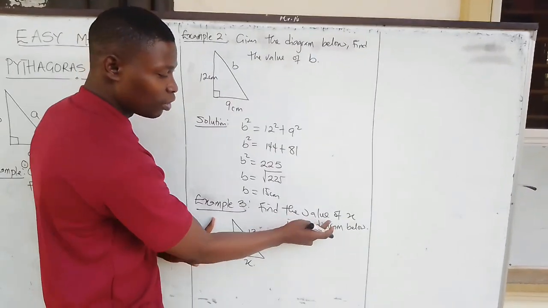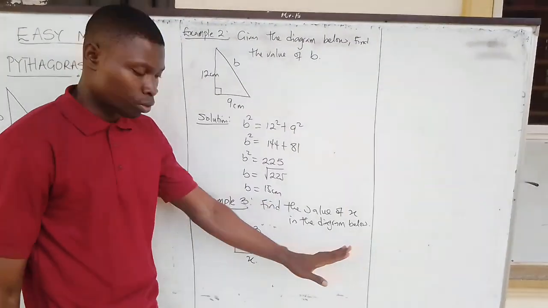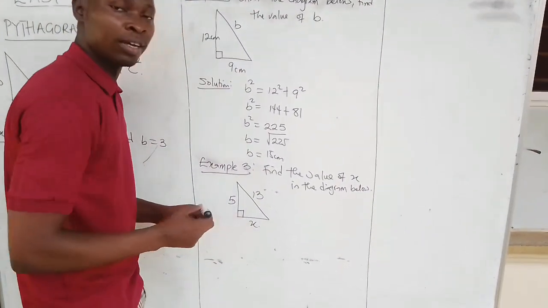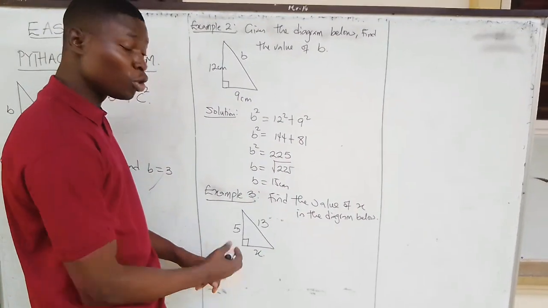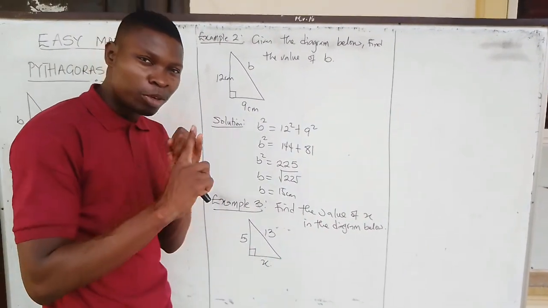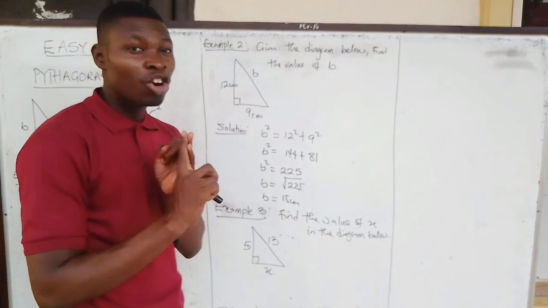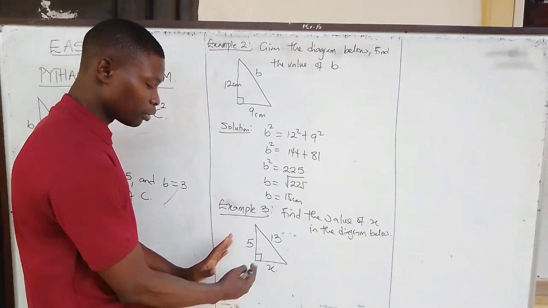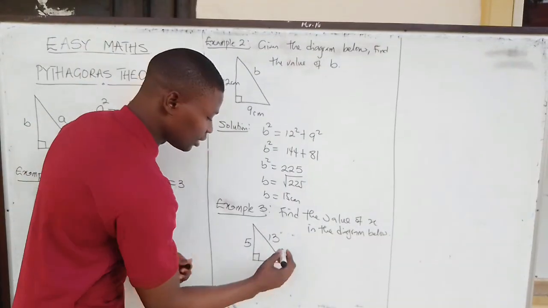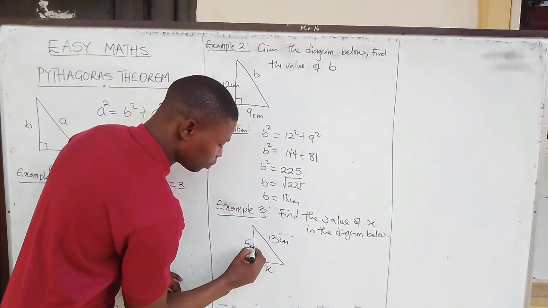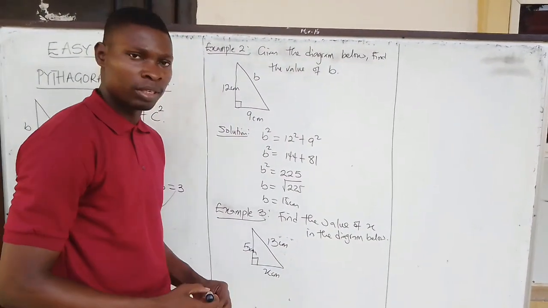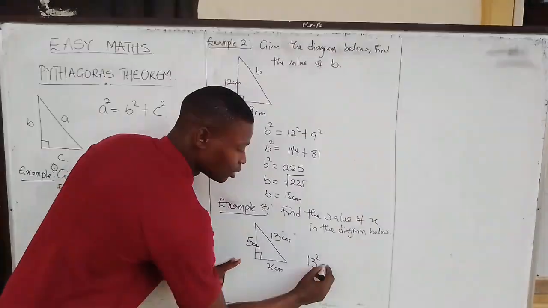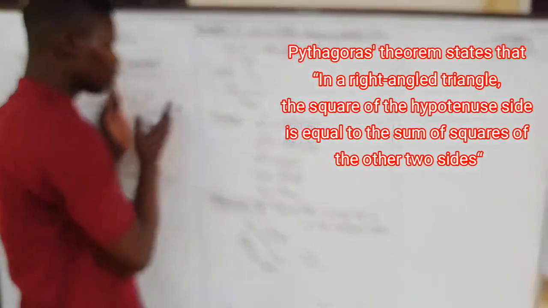Find the value of x in the diagram below. Here is the diagram, and it is a right angle triangle. Don't forget, for you to use Pythagoras Theorem, it must be a right angle triangle, and we must make sure we know the hypotenuse side. The hypotenuse side here is 13 centimeters.